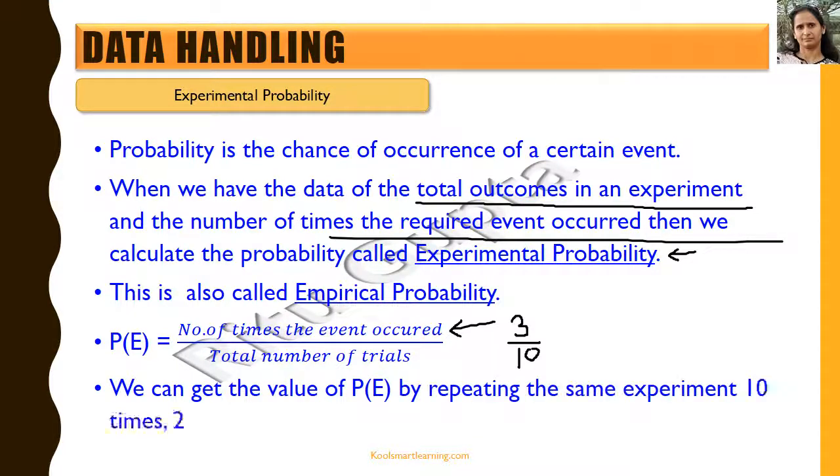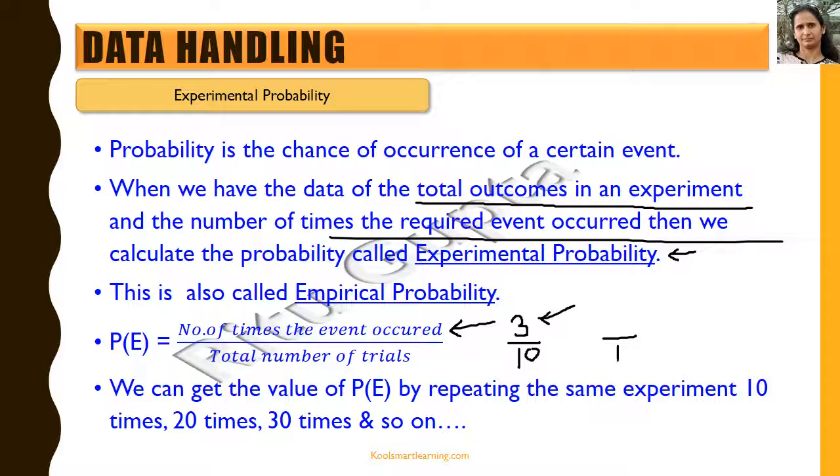Now we can get this value of PE, the empirical probability, by repeating the same experiment 10 times, 20 times, 30 times, and so on. In the example we took, if the two teams play more matches, say 15 or 20, the data may change. Supposing they play 15 matches in all, and out of the first 10, team A had won only 3.